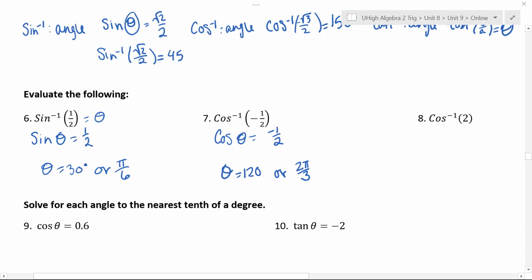Then if we had the inverse cosine of 2, well, what I want to remember, so we're looking for the cosine of what equals 2.